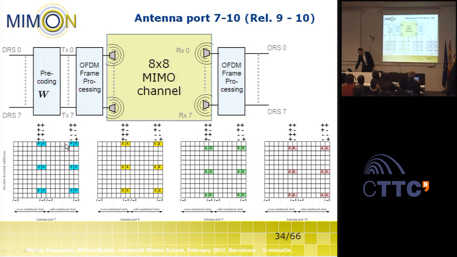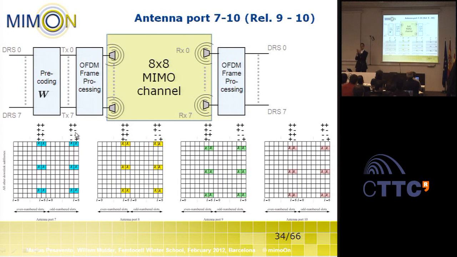For each of these, let's say for this resource map, we can use orthogonal sequences to further distinguish between 4 antennas which are using this scheme and 4 antennas which are using this scheme. This can be separated using this orthogonal code, indicated here as plus plus, plus minus, plus.